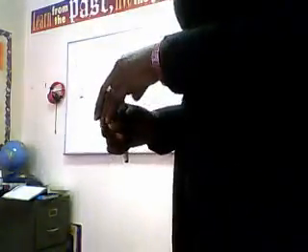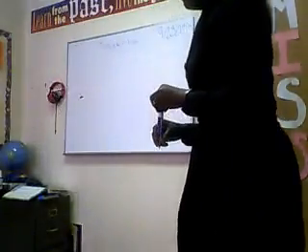Okay, what are the factors of 20? 1 times 20. 2 times 10. Good. 4 times 5. Is that it? Yeah. Now, what are the multiples of 20? 20, 40, 60, 80, 100.